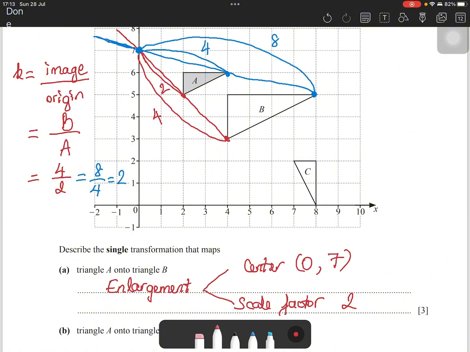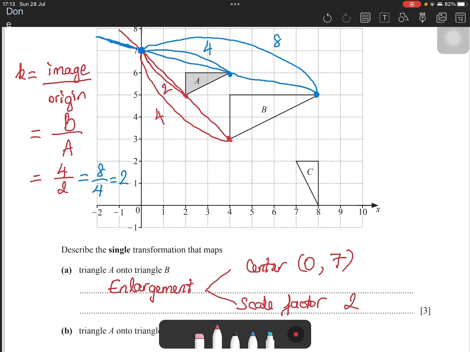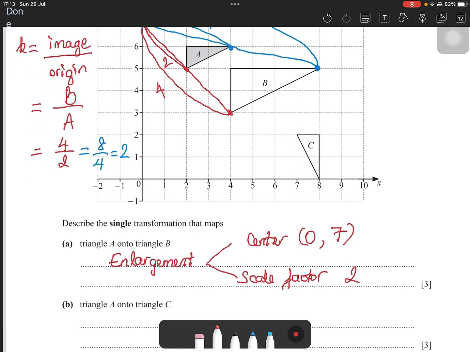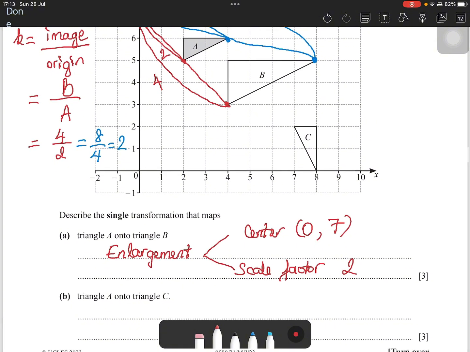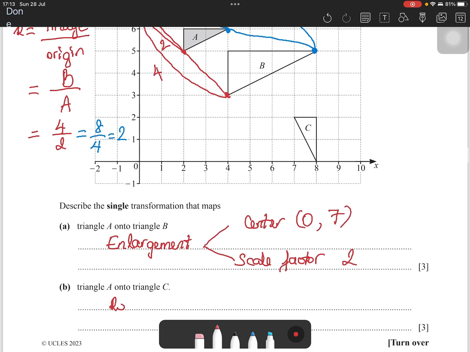B. Find the transformation that maps triangle A onto triangle C. Obviously, it is a rotation, so we need to find the center. For the rotation, we need three things. First, the center. Second, how many degrees, the angle.